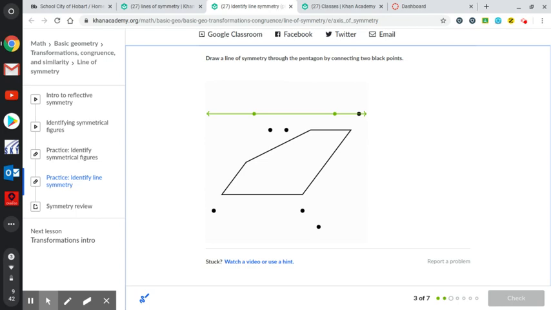Okay, it says draw a line of symmetry through the pentagon by connecting the 2 black points. So I need to know where I'm going to cut this shape for it to be in half. You can only use 2 black dots. So I'm going to take this green dot and move it here or here, right?